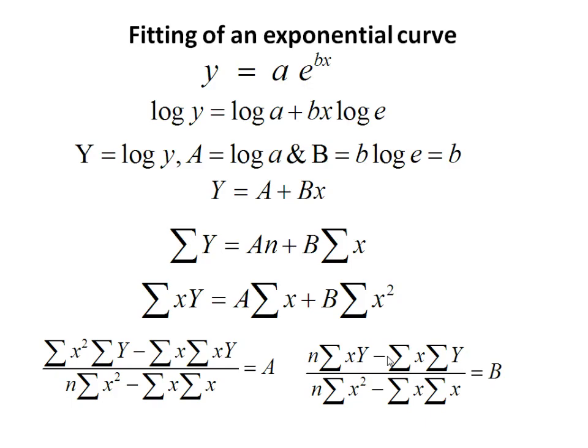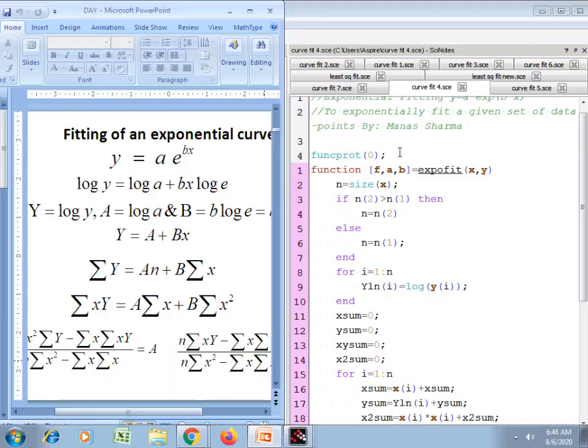Now let's see the program. The command funcprot is used to avoid the message that appears when the function is redefined in the program. Then the function exofit is defined for getting the fitted values of y and the coefficients a and b.